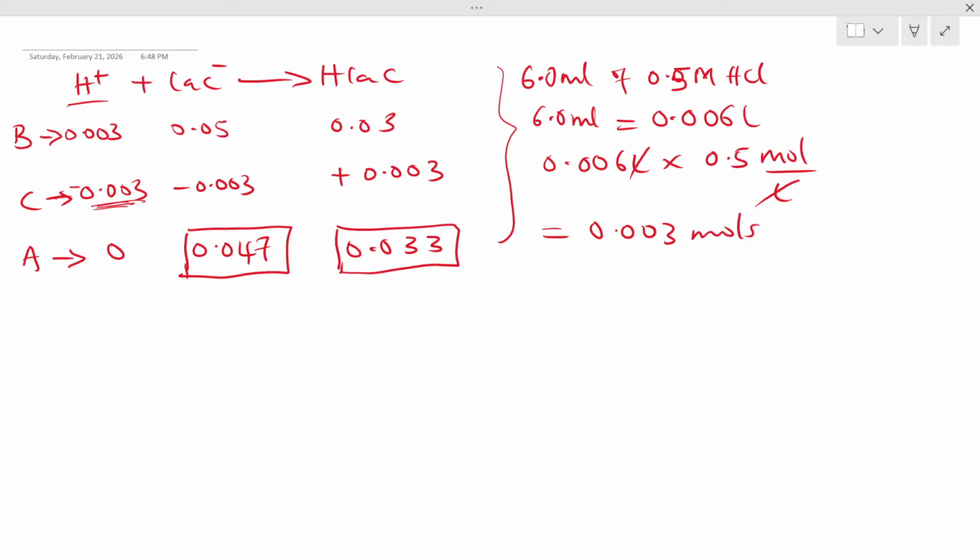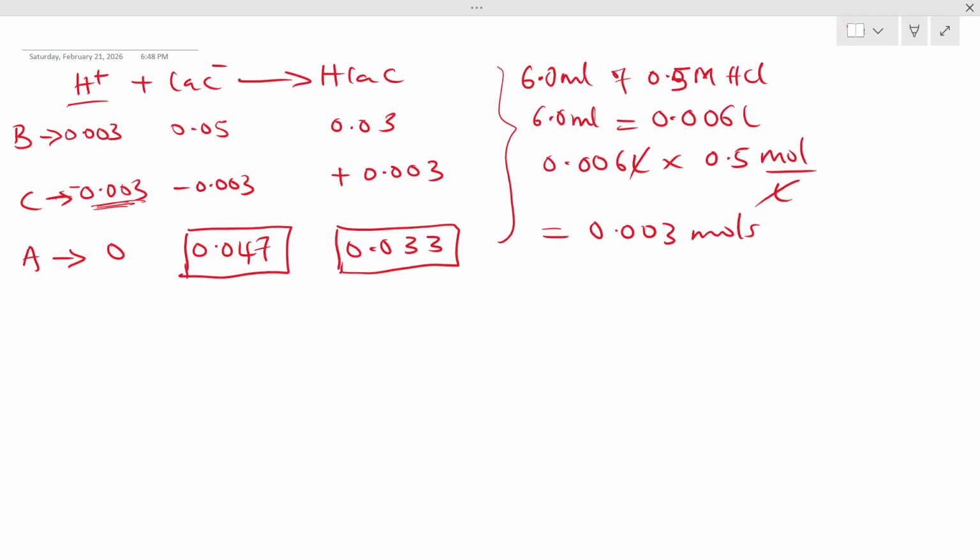So 0.003 moles of HCl was added, which means that 0.003 moles of H plus was added before any reaction takes place. And the buffer solution now stands at a certain pH.